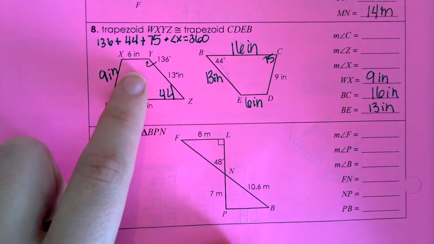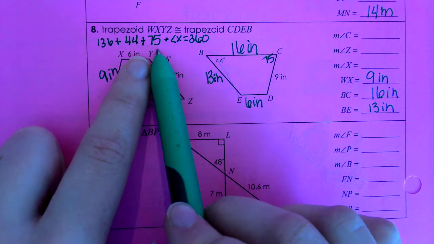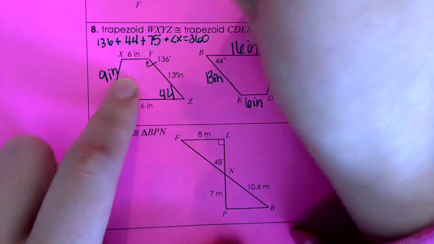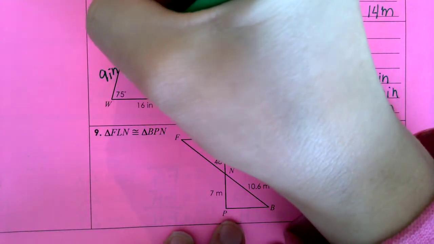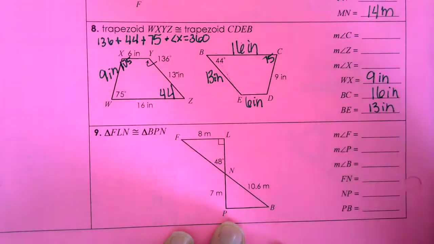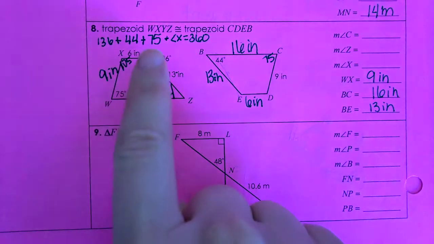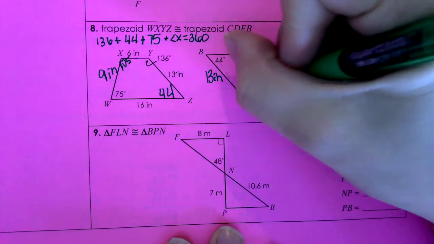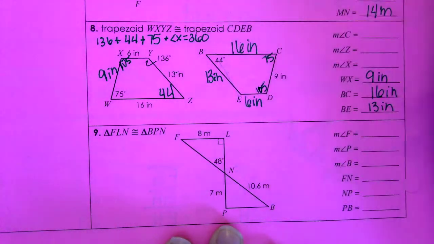When I do the math there, I add those together and subtract that off of 360, that's going to give me 105 degrees. And that is between 9 and 6 inches, so between 9 and 6 inches is going to be 105 degrees on this side as well.